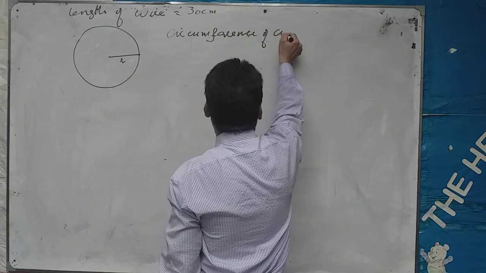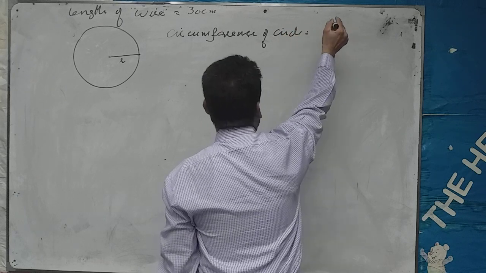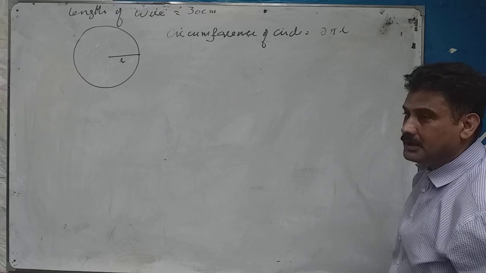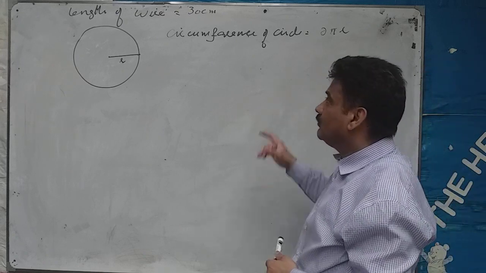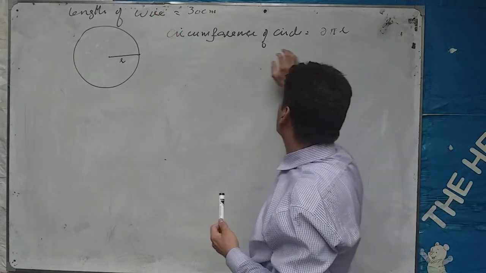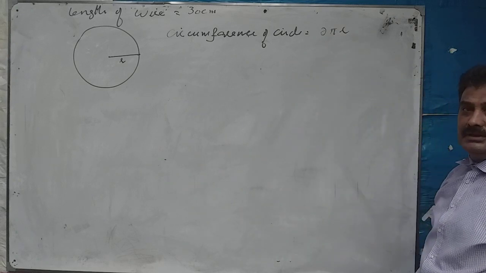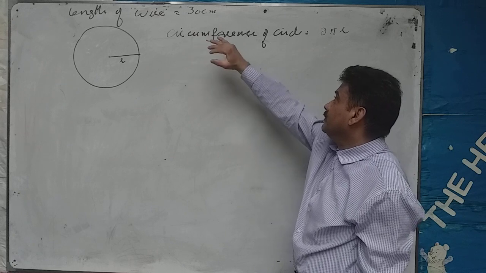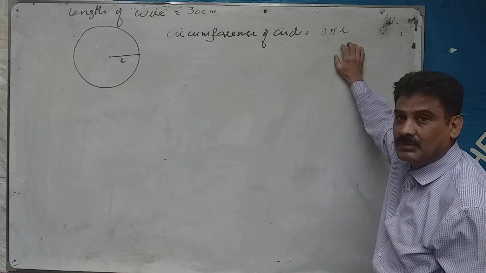It means the length of one part of wire will be equal to 2 pi r.